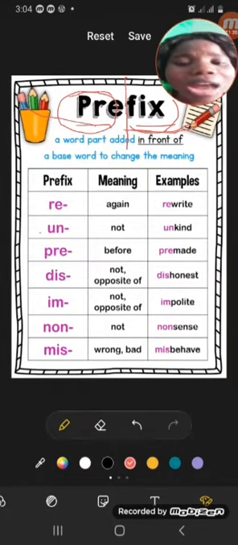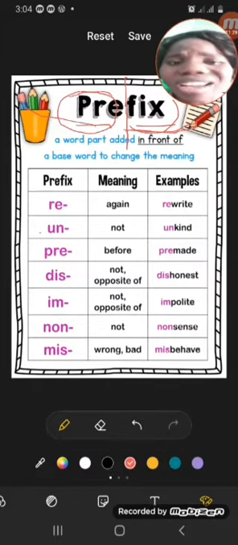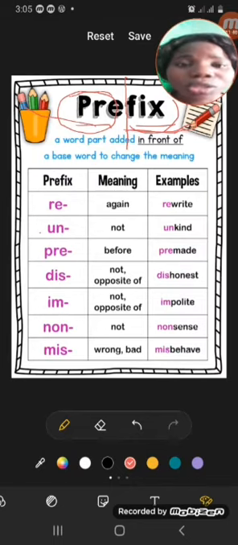I can add IM to polite to have impolite. Do you understand? We have NON. Non also means not, like nonsense, no sense. MIS means wrong or bad, like behave, misbehave. Do you get it now?